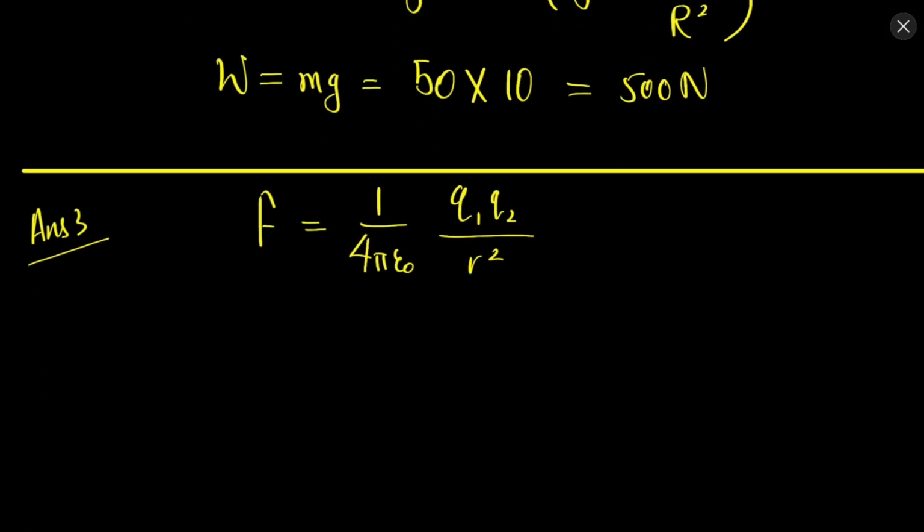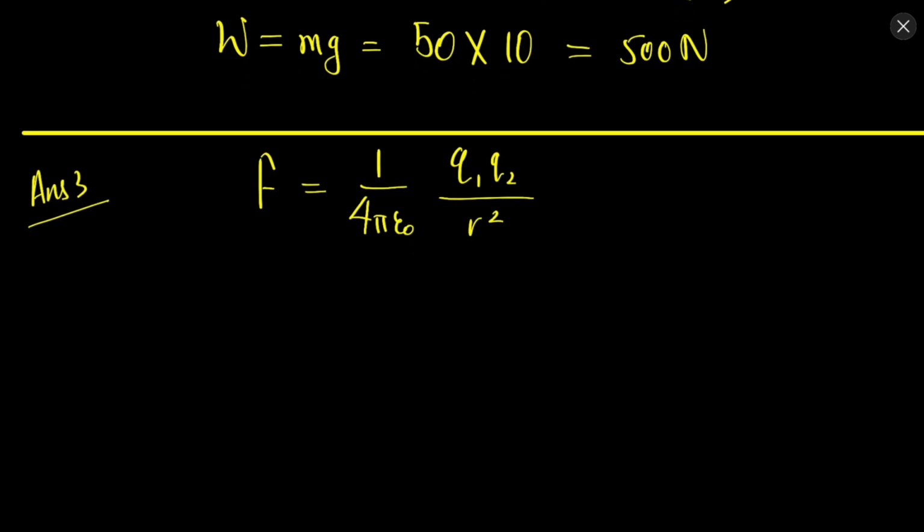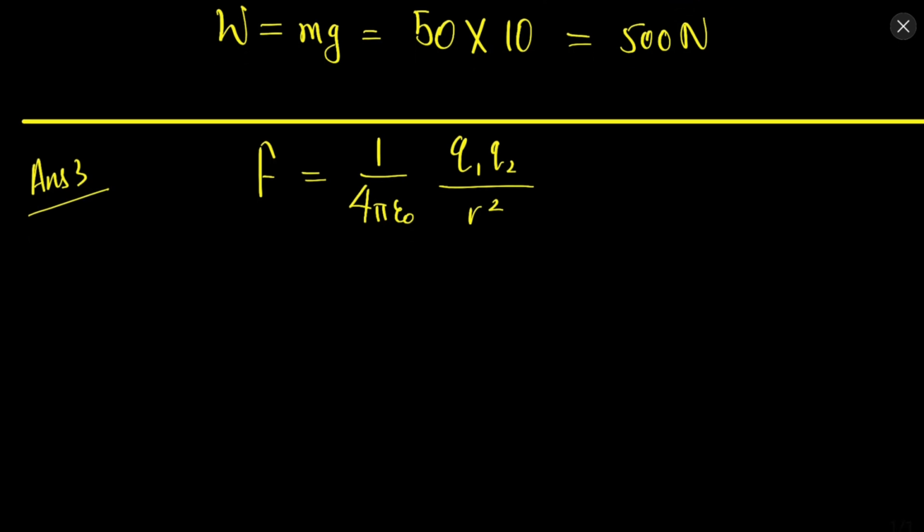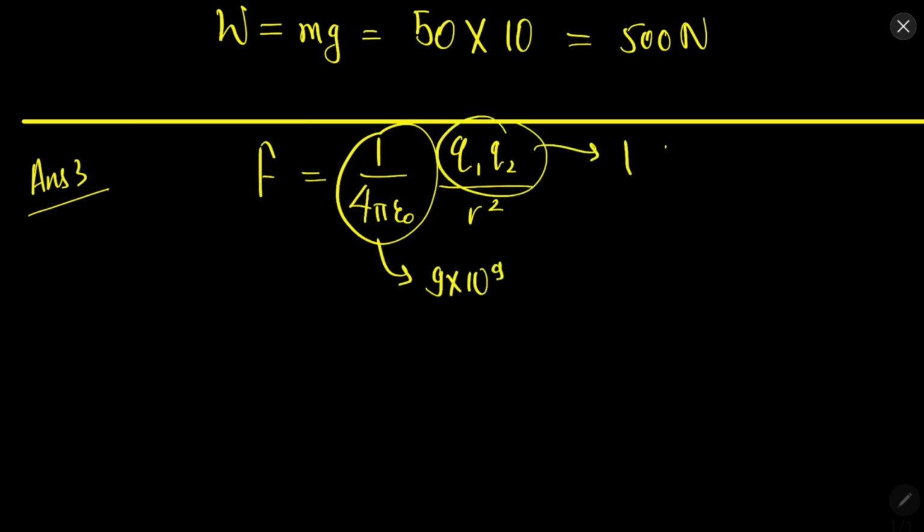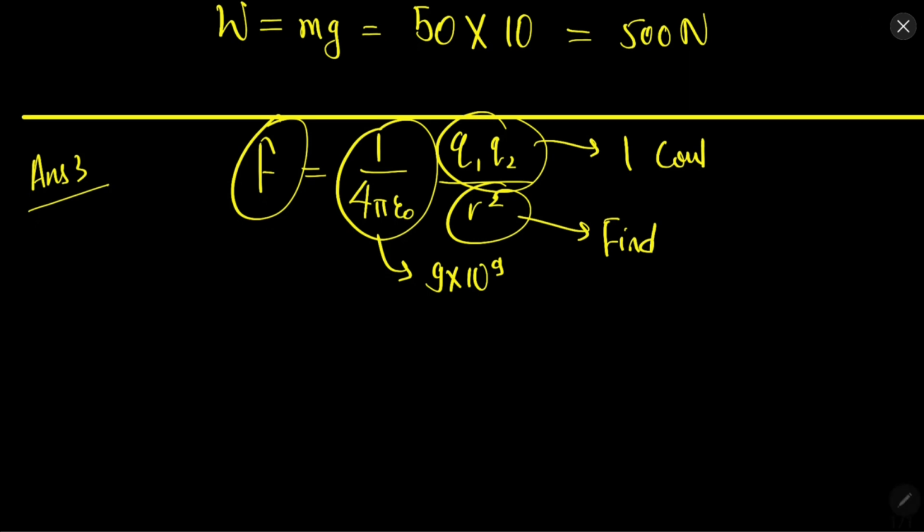Now what we have here, this thing, is equal to 9 into 10 to the power 9. We have these two charges, both given to be 1 coulomb. We have to find the distance, and the force. So what is the force acting on you? Let's say again that the force is the gravitational force, so mg, your weight.